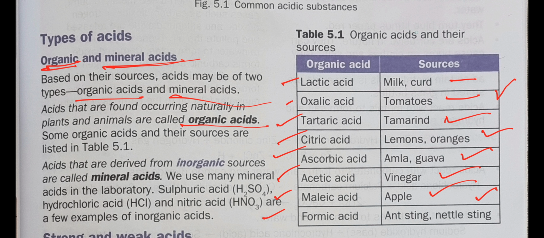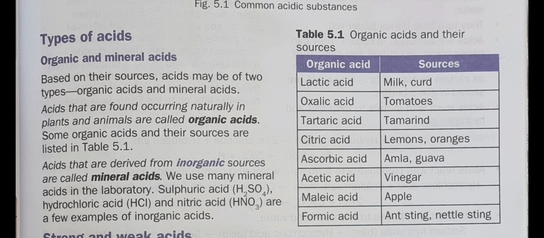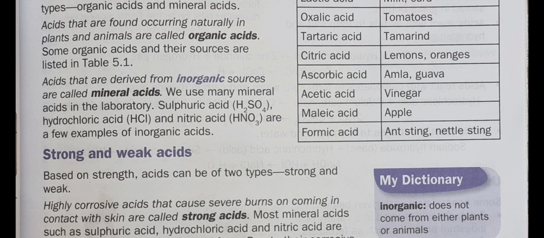These are some common examples of organic acids and their sources. Now, acids that are derived from inorganic sources are called mineral acids. We use many mineral acids in the laboratory, like sulfuric acid H2SO4, hydrochloric acid HCl and nitric acid HNO3. These are a few examples of inorganic acids.